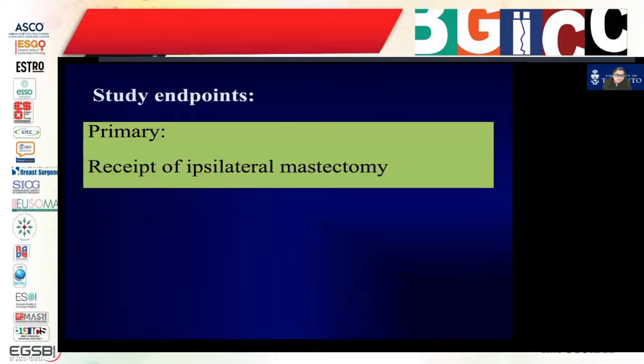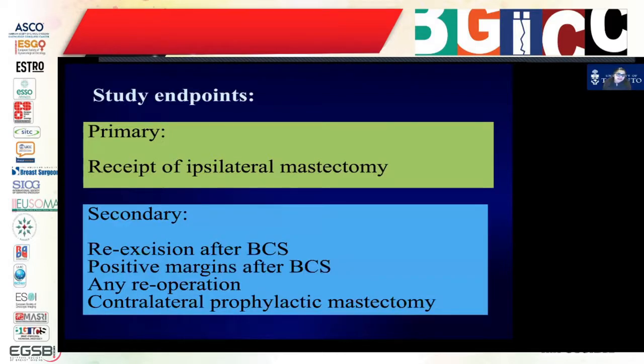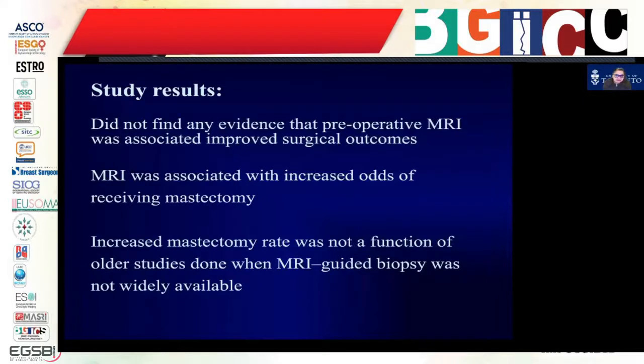And what they showed, their endpoints were how many women received ipsilateral mastectomy, and then there were other endpoints such as re-excision, positive margins, reoperation, and contralateral prophylactic mastectomy. And what they showed is there was no evidence that preoperative MRI improves surgical outcomes.